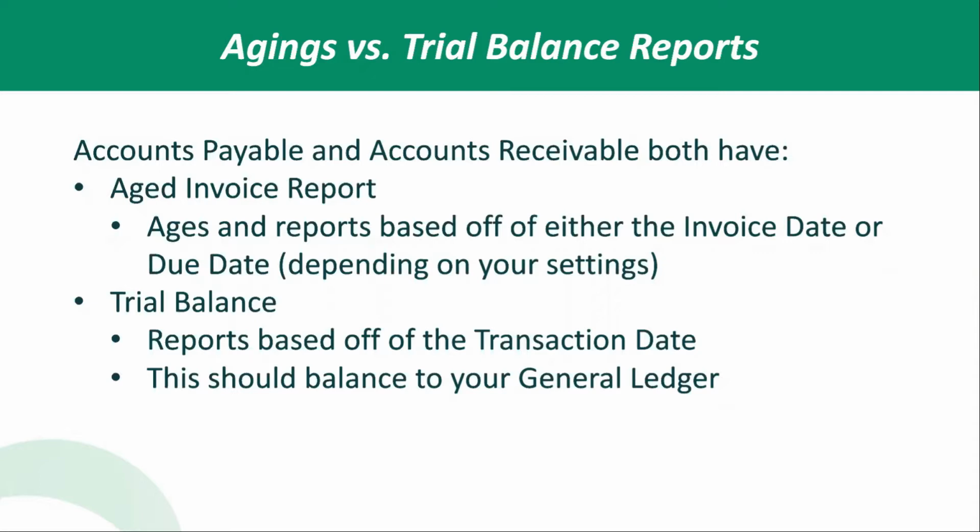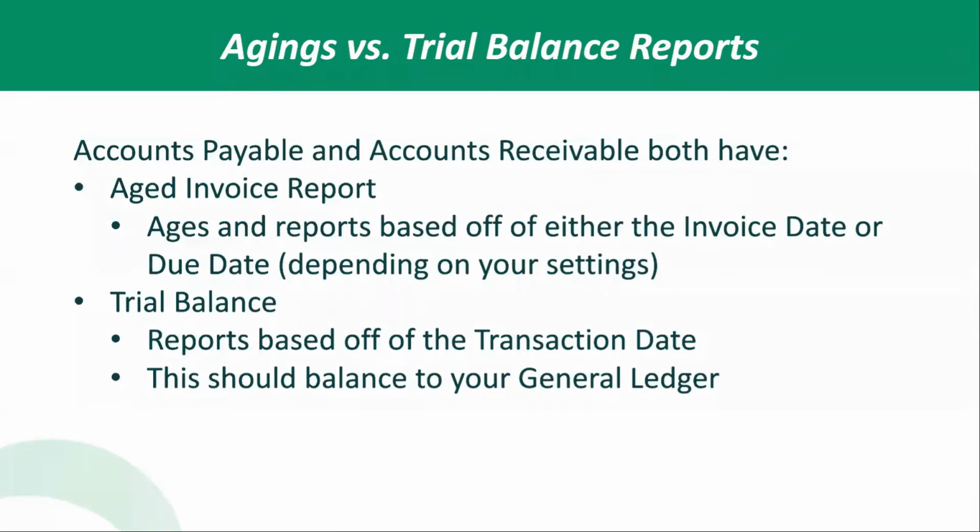But with your vendors, if you enter that and you put in the invoice date was April 30th, and then when you update it, you don't want it to update to April because you've already closed it, so you put in a May date. When you run your aged invoice report as of April 30th, that invoice will show on the April report. If you run the trial balance report from accounts payable as of April 30th, it will not. That's because you posted it to the general ledger in May.